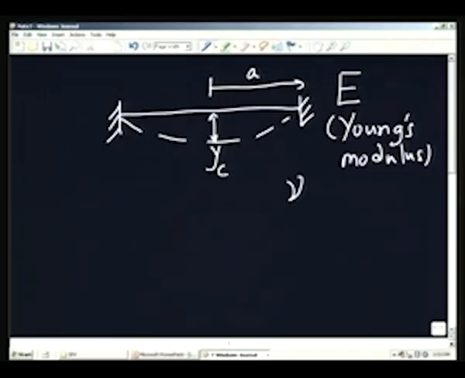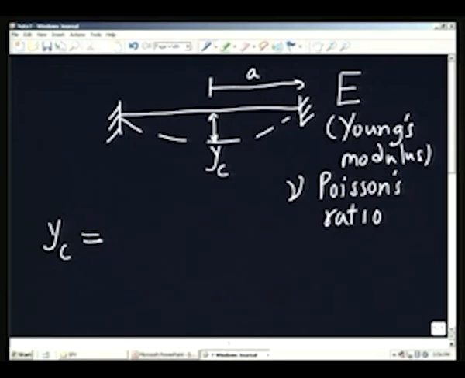The Poisson ratio, nu is the Poisson's ratio, is also going to play a role in determining the displacement of the diaphragm, and the formula which describes this is given by YC is equal to delta P, delta P is P minus P A, as we already have written down earlier.